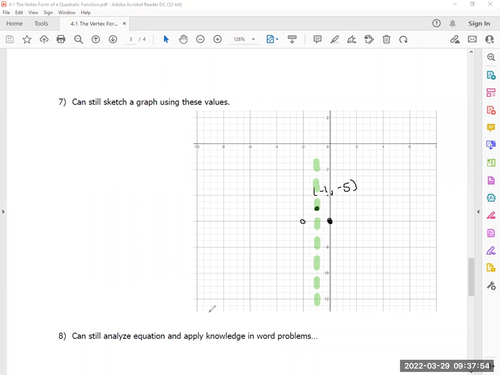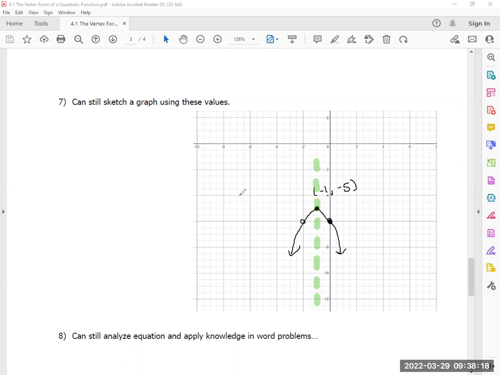But do you have enough points to vaguely sketch your graph? I think so, right? So the vertex form of an equation helps a lot. There's a lot of information you can gather from just one equation. Something like that.